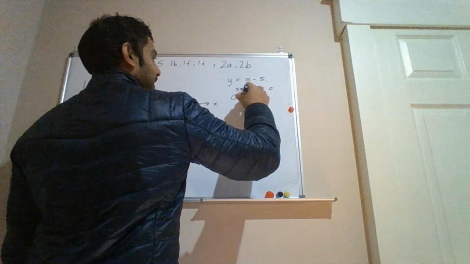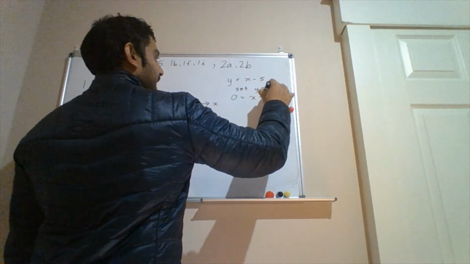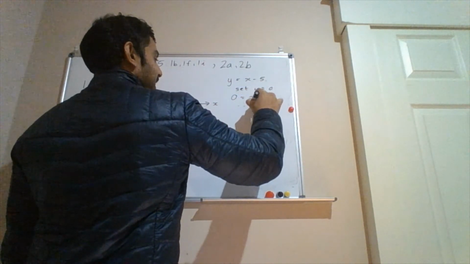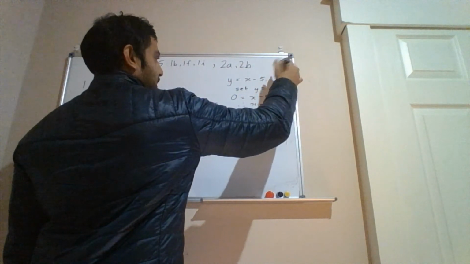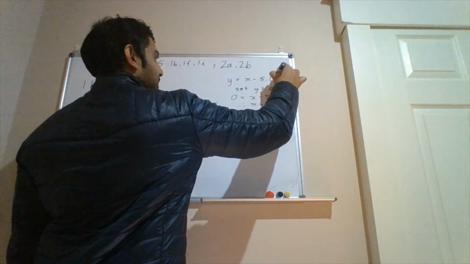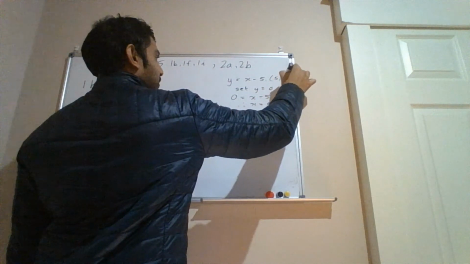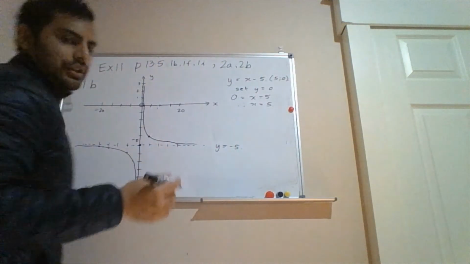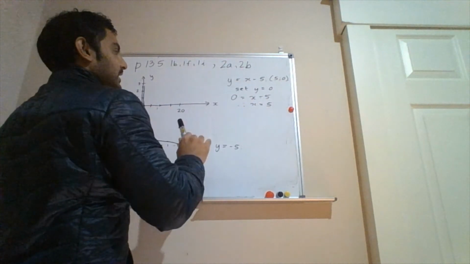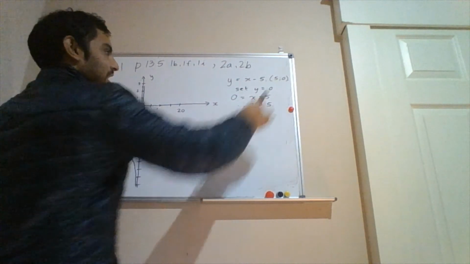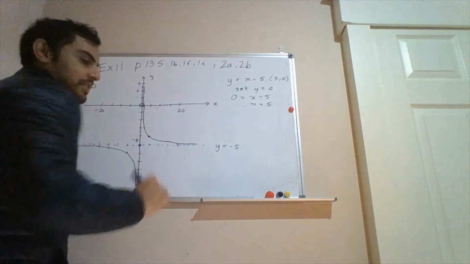So then we get the equation 0 equals x minus 5, therefore x equals 5, and the coordinate of our x-intercept is going to be an x value of 5 and a y value of 0. You can quickly check the value of 5. If you put 5 into this equation, we get 5 minus 5, which gives y equals 0.